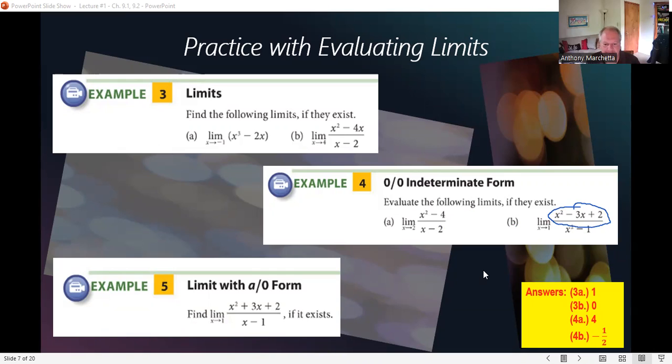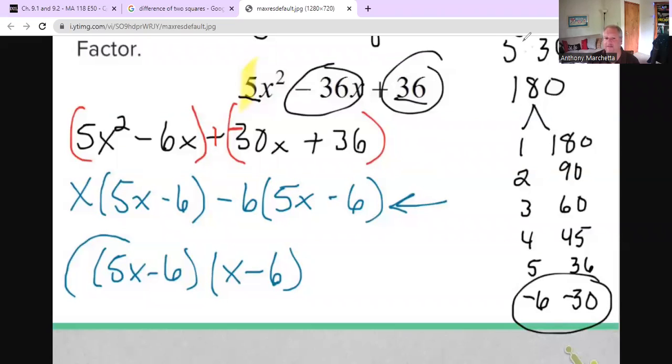Hold on, friends. This one's okay. Let's look at this one. All right, I don't know who wrote this or where this came from. But basically, this is the concept of the Berry method. The way the Berry method works is you figure out the first number times the last number.